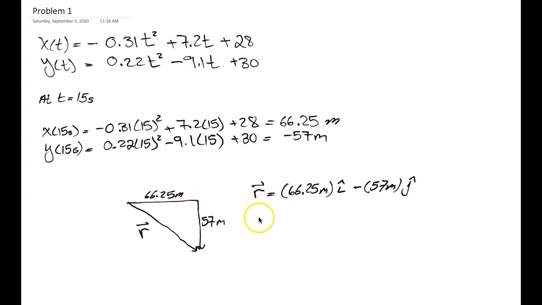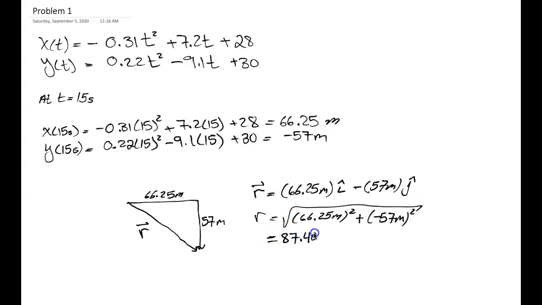The magnitude of r would be the square root of 66.25 meters squared plus negative 57 meters quantity squared. That gives us a magnitude of 87.40 meters.